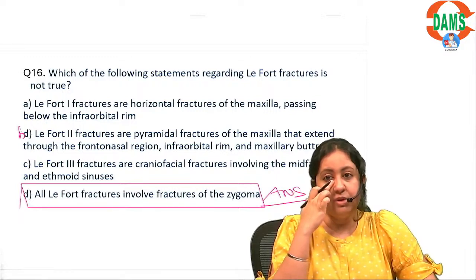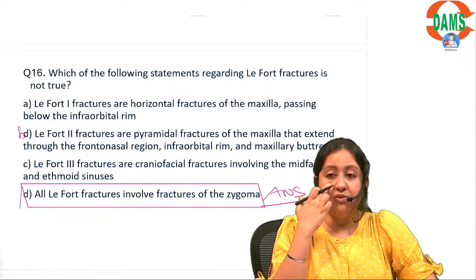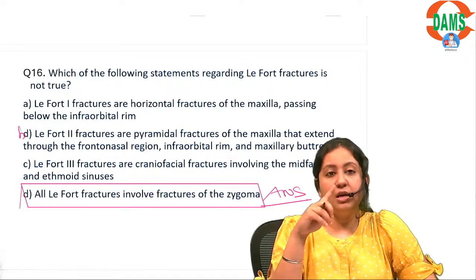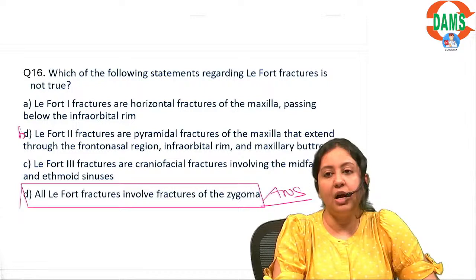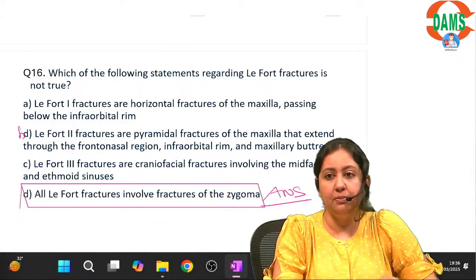Then it travels medially to involve the medial wall of the orbit. Then it travels inferiorly, involves the infraorbital rim, may or may not involve the infraorbital foramen, and goes on to involve the maxillary buttress, and posteriorly it causes fractures of the pterygoid plate. Is it clear?